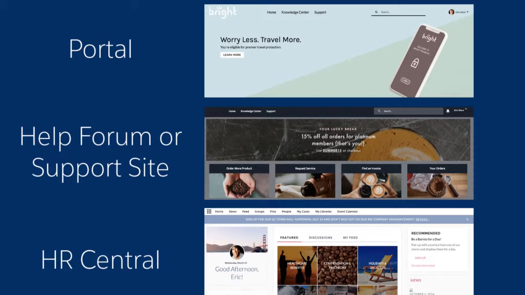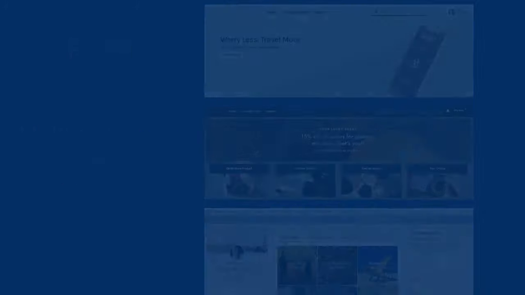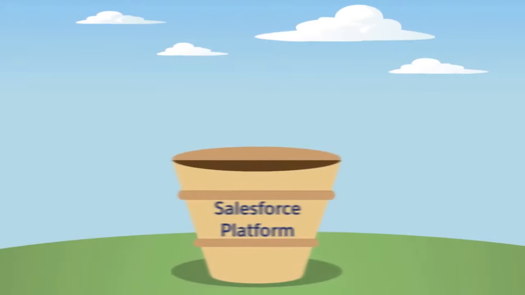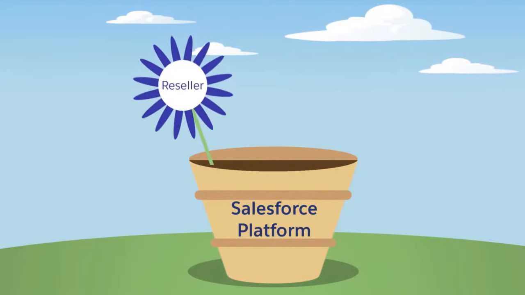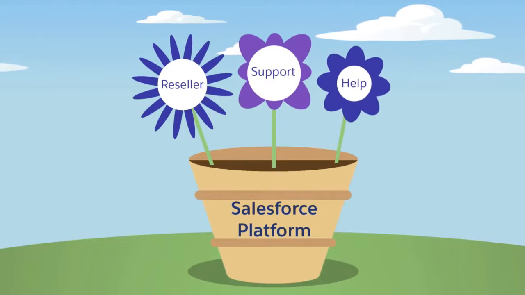A community built using Community Cloud sits on top of your Salesforce org, using the powerful Salesforce platform at its core. An org can host multiple communities, each independent of one another. Think of them as flowers growing independently from one another from the fertile soil that is Salesforce.